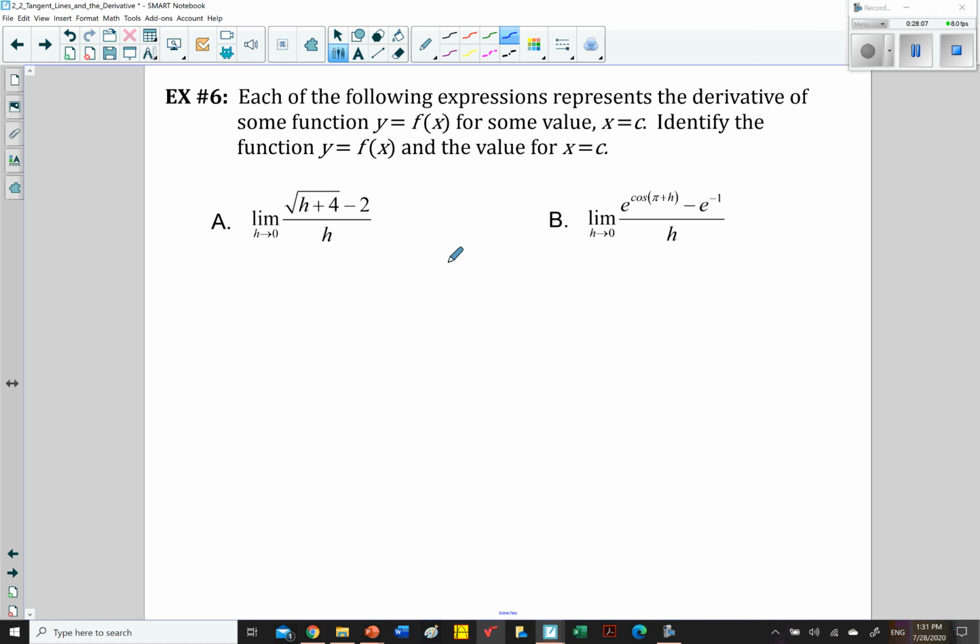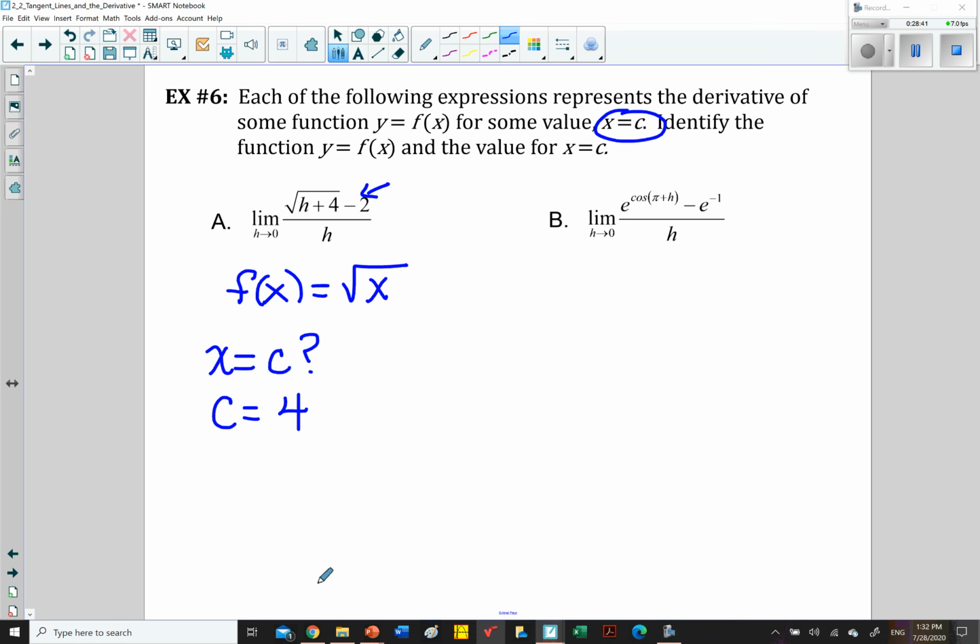So if you look at this, can you see that this is the function y equals square root of x? And they're saying a c value, we were using a earlier, what's our c value? It would be 4, because if you took the square root of 4, you would get this 2. So c is 4 in this case.